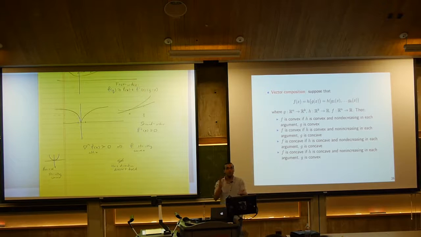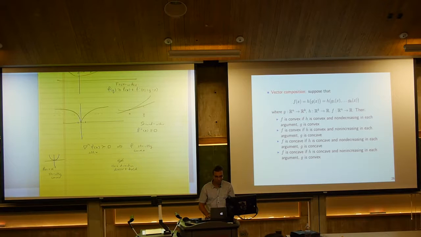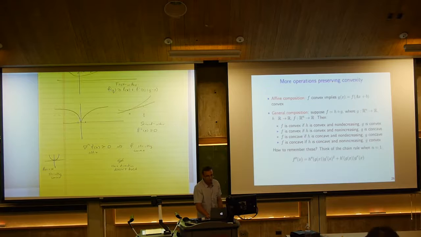So when you have non-univariate functions, it's just slightly more complicated, though you have to apply everything basically on a component function level. Okay, so those are the rules for composition. Just to remind you, affine composition always works. General composition works if you have, say, two convex functions and the outer one's increasing or some different combinations.